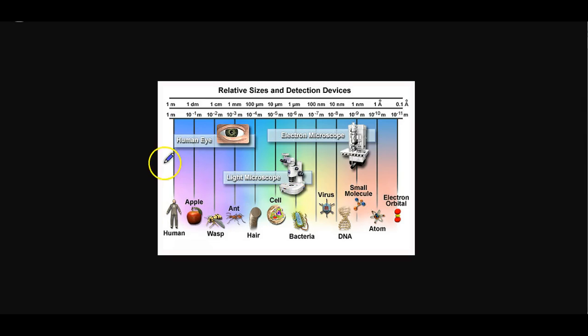Now let's have a look at the maths involved. So as I said before, the numbers are all written in scientific notation. So human, it's got at 1 meter, very short human, but it's basically just showing you the relative sizes. All right, now we're going to look at other items here. So first of all, just the apple, because we all know what an apple looks like and roughly how big an apple is.